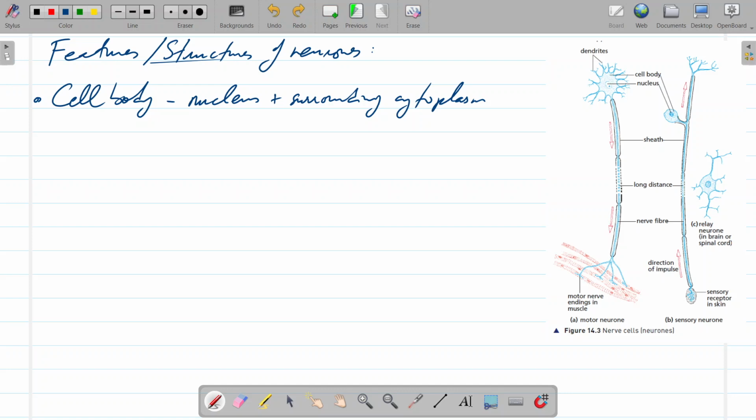In fact, the cell bodies, whatever type of neuron it is, are always within the central nervous system, which means they're either in the brain or in the spinal cord. Over here with the motor neuron, you're starting with the cell body and then it's going all the way down to the muscle. So that's one feature of neurons.